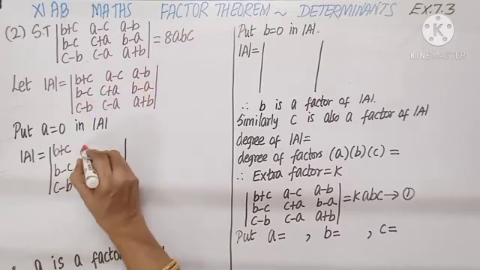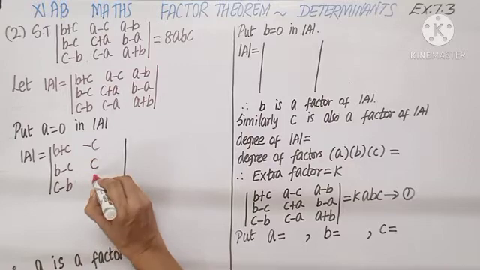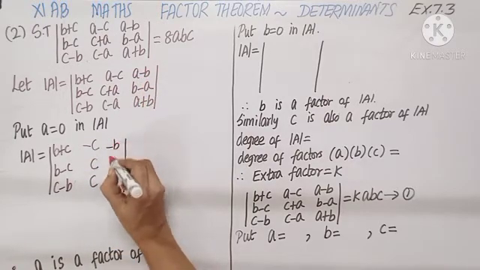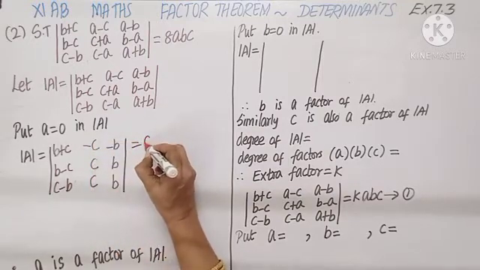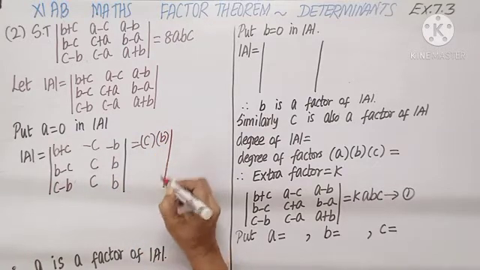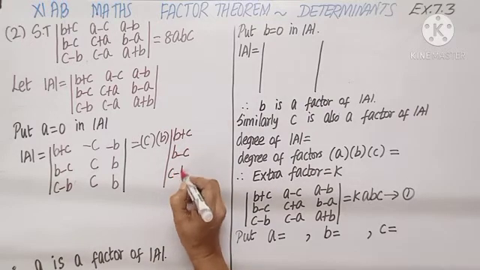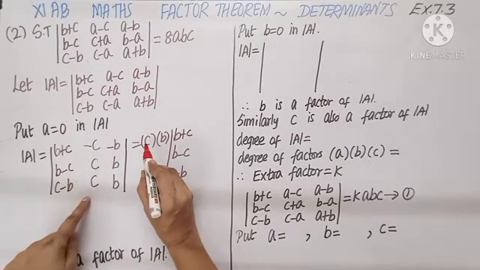A is 0, so it is minus c, c, c. Here a is 0, so I get minus b, b, b. In second column c is common, in third column b is common. If I remove, I get b plus c, b minus c, c minus b as first column. In second column, I am taking c as common.